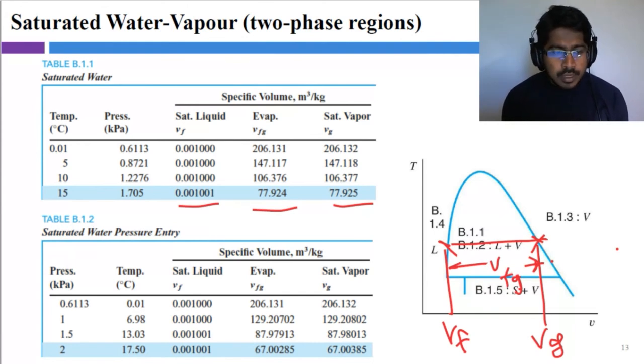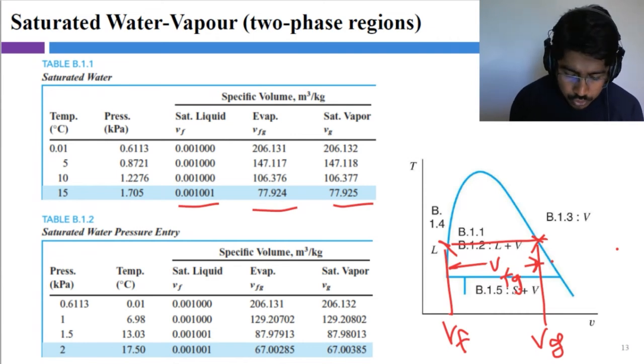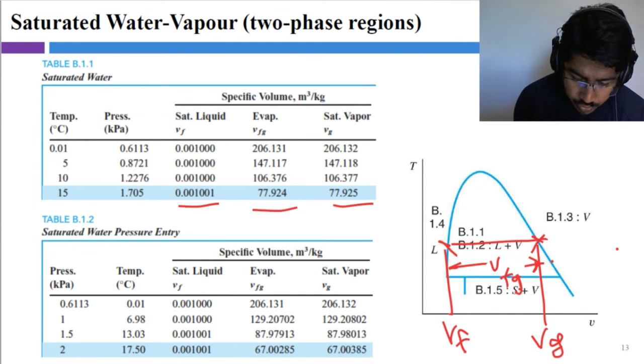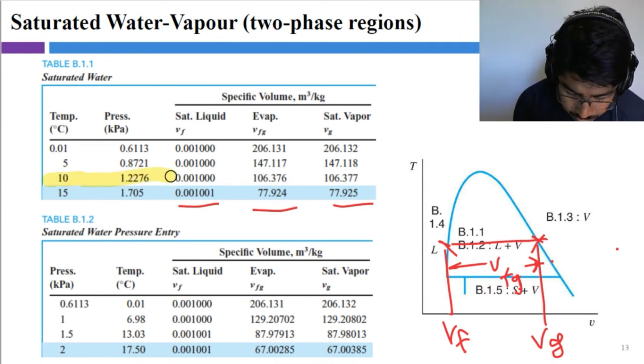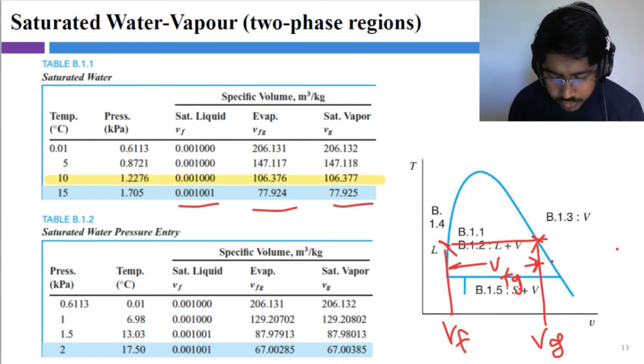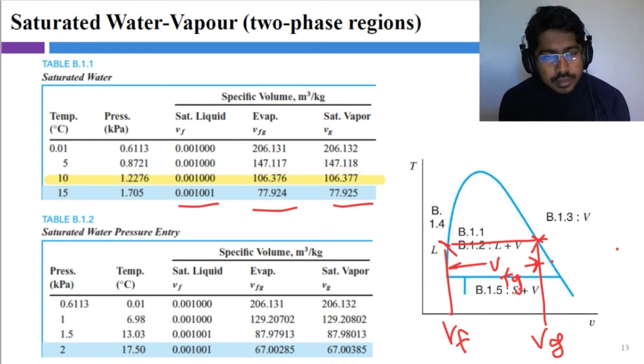So let's say you get a question asking you to find the specific volume of saturated liquid at 10 Celsius. So you just go there, and you find the 10 Celsius, and then you have the line you are interested in, right?